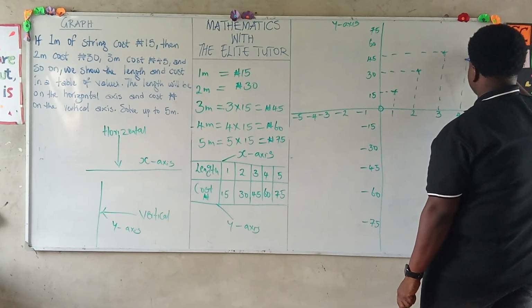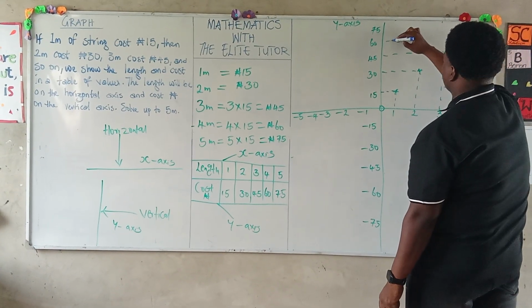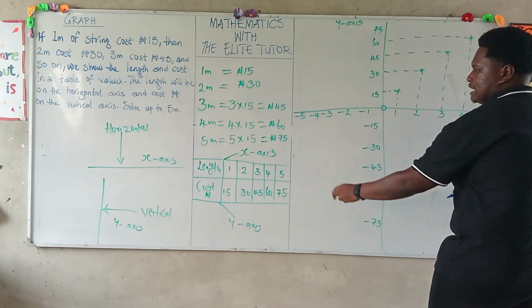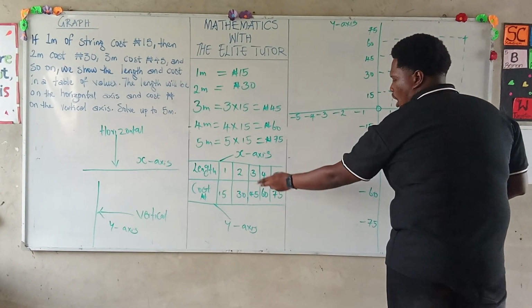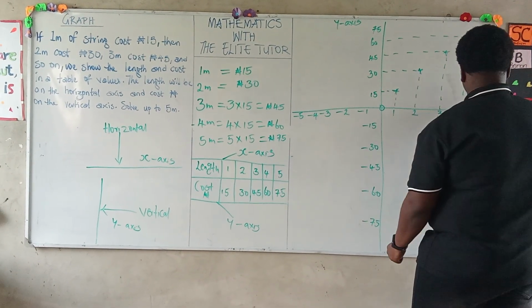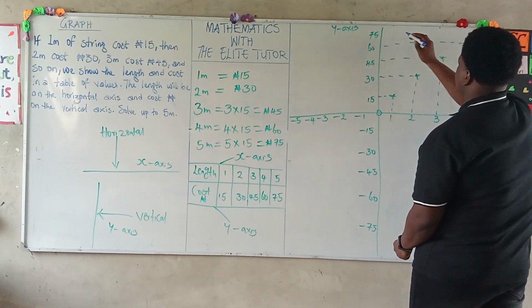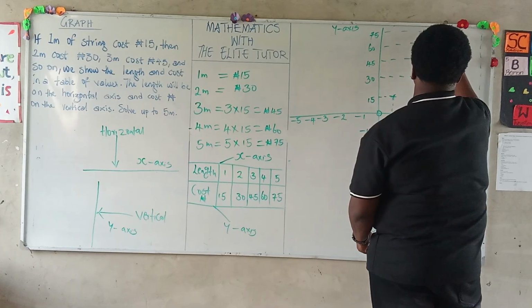So we go up, and then we trace the exact same point. And finally, when our x-axis is 5, our y-axis is 75. So we have it here, the very last point, and then we trace it.